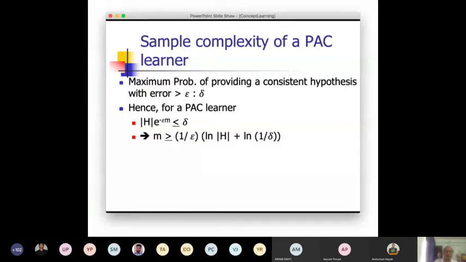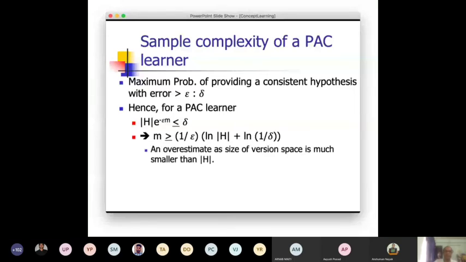And when we put in some more consideration, then m should be greater than or equal to 1 by epsilon times log mod h. You can make the mathematical simplification, and m is the number of training samples. This is the kind of bound on m, and this is the lower bound.